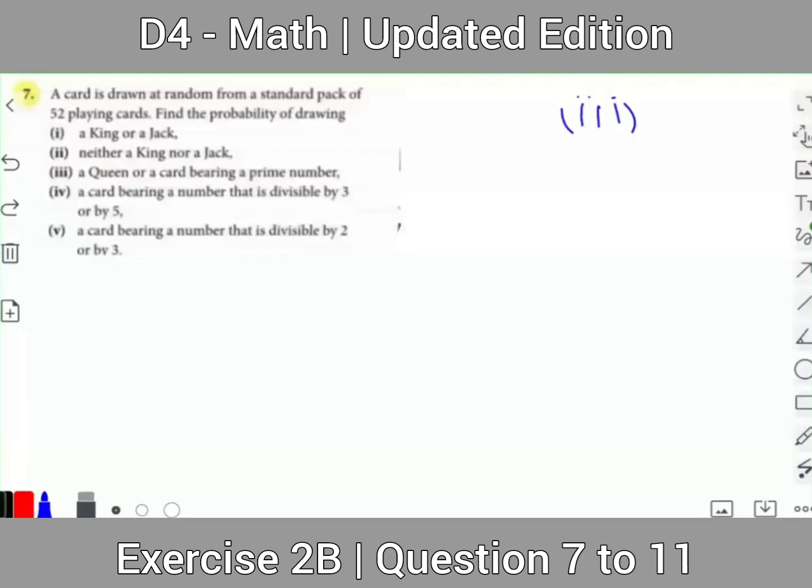Now in part 3, we have to find the probability of drawing a queen or a card bearing a prime number. So for this, first we will have to find out the number of queens in a pack, and that will be equal to 4.